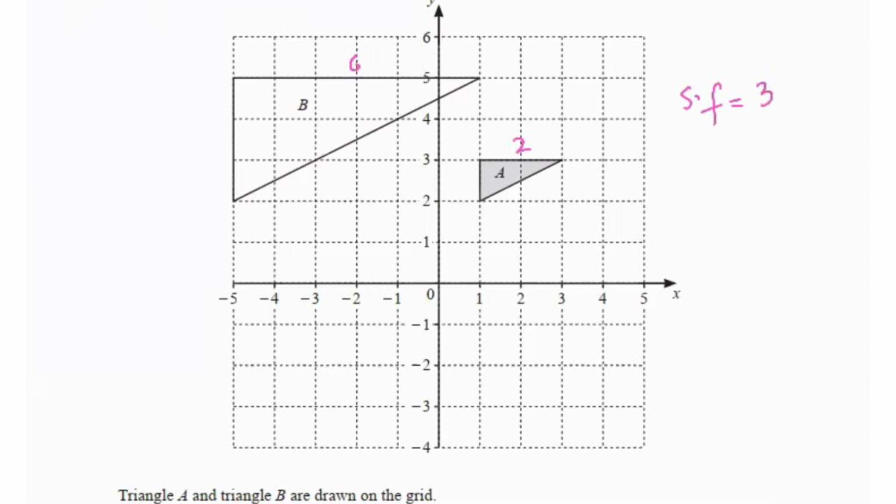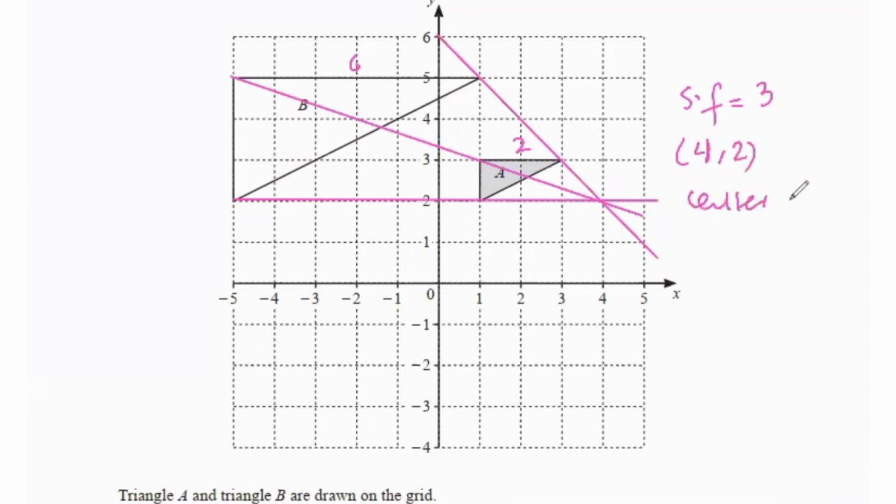And now to find the center of enlargement, let's join the same vertices on the shape. So if I'm not wrong, this is your center of enlargement, 4, 2.